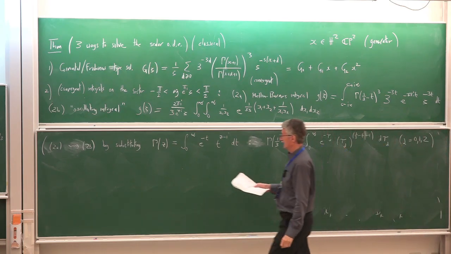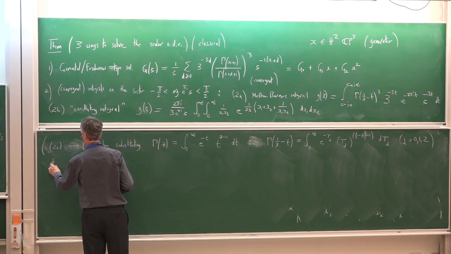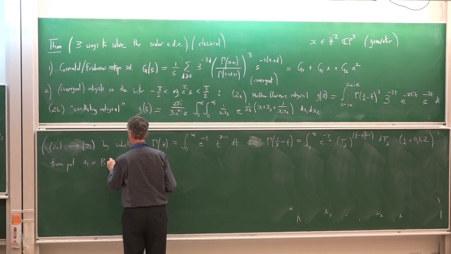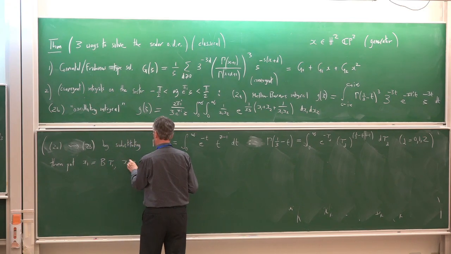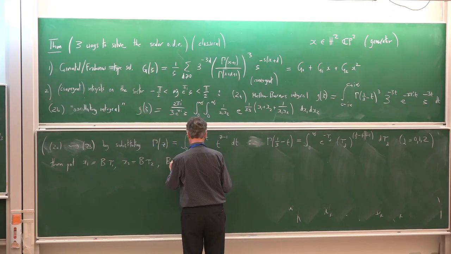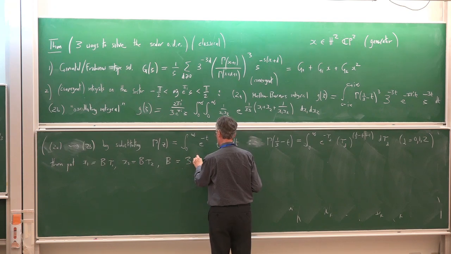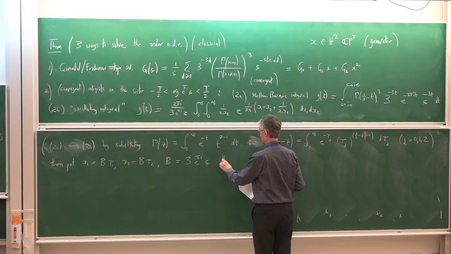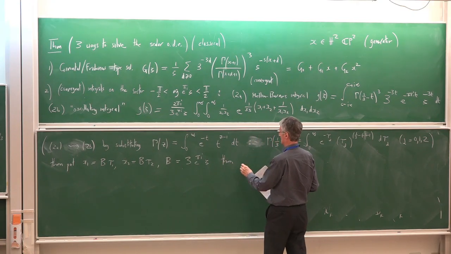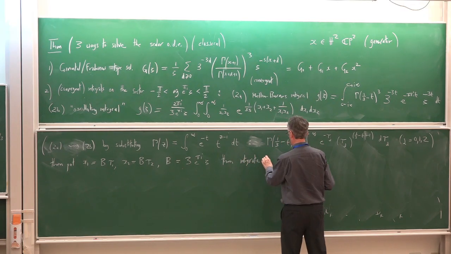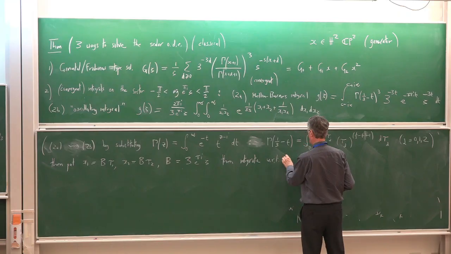And then I define x1, x2. Then put, and then finally, why do I only have 2 variables? Well, because we integrate out with respect to tau 0.